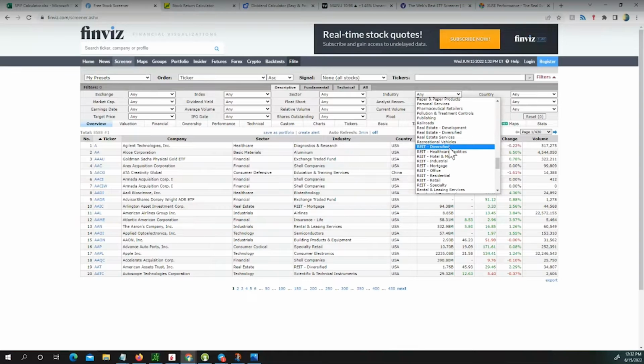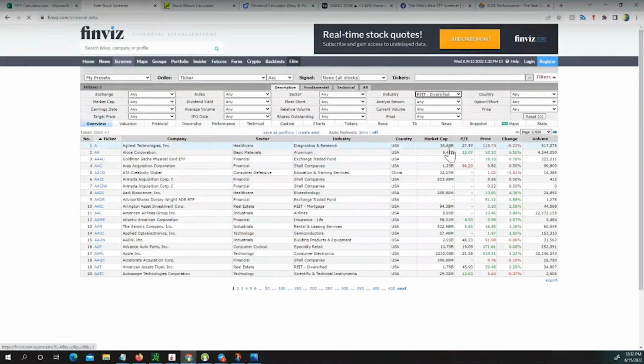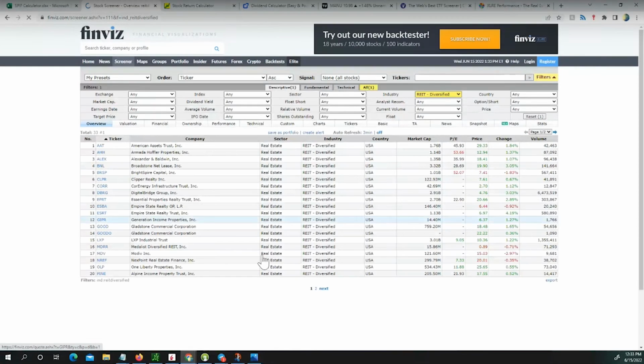So let's do REIT diversified, and we see what we have. And now here you can see that under sector is real estate, everything is real estate, and under industry, it's real estate diversified. So these are real estate companies, and whatever they do, you'll then look into them and see what they do.